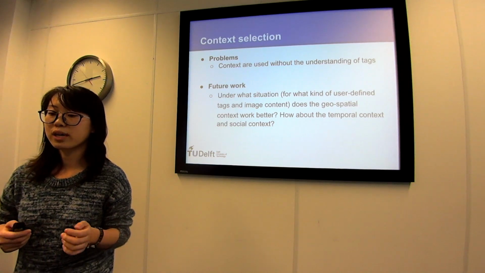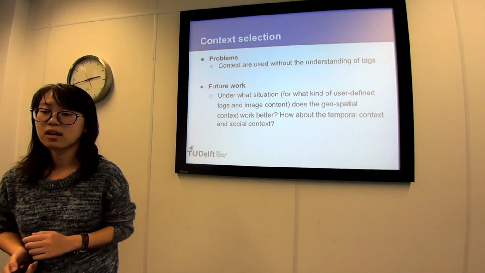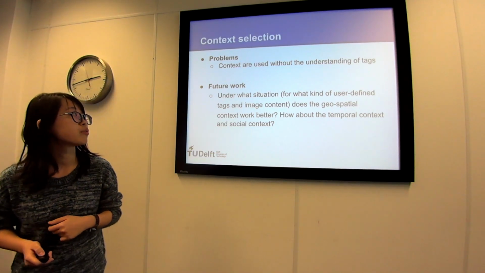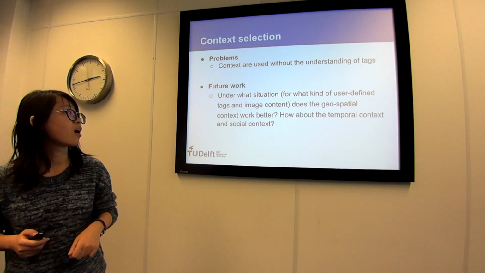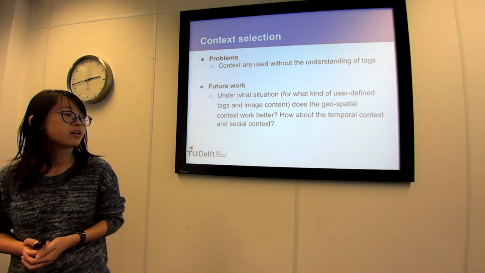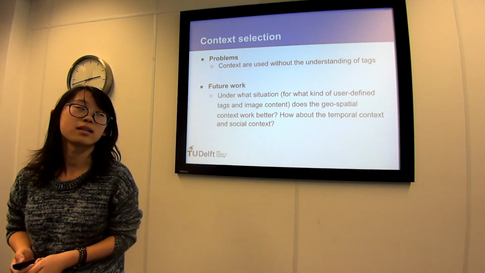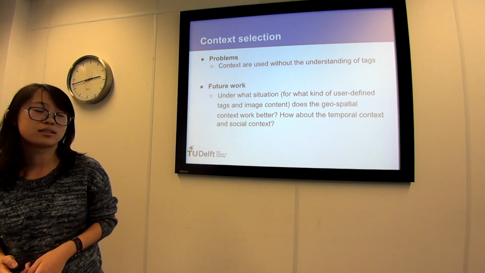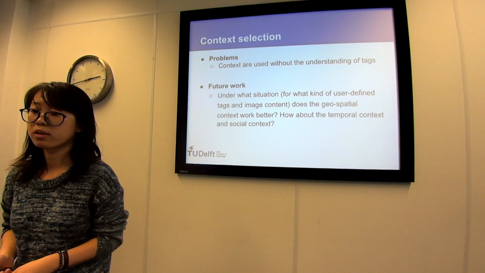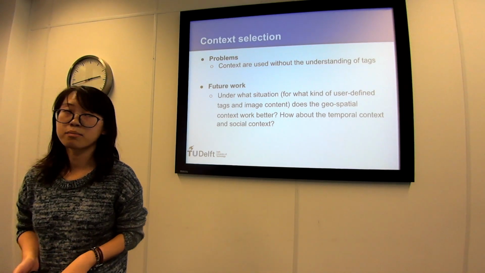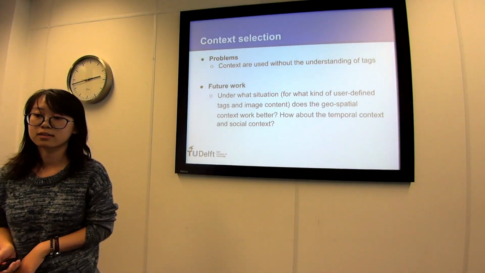Maybe we can put different weights on these, and future work should study, for what kind of user-defined text and image context, the geospatial context works better, and how about the temporal context and social context?